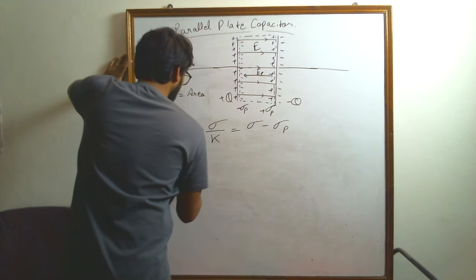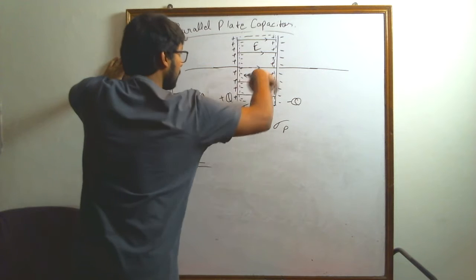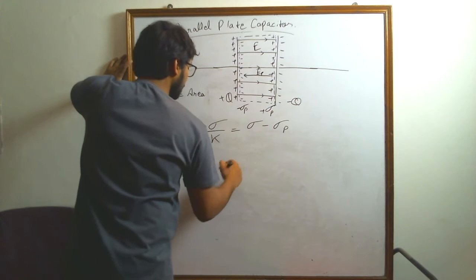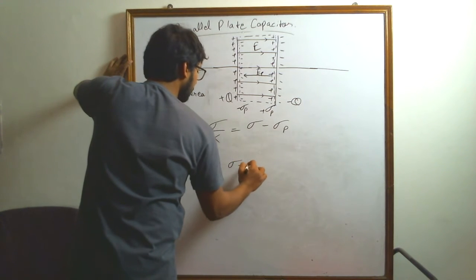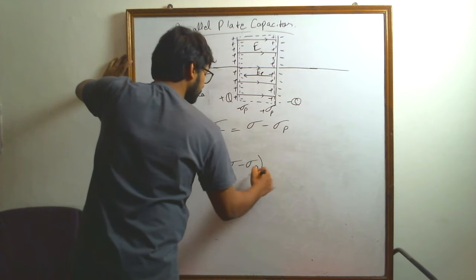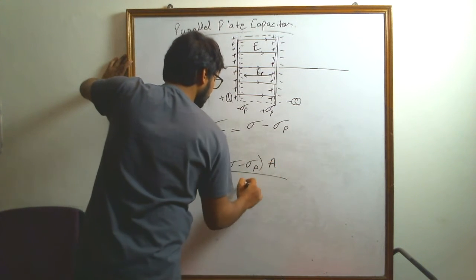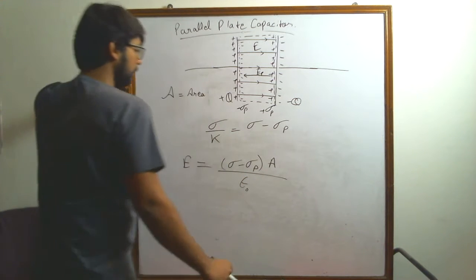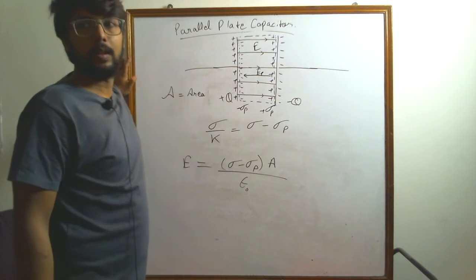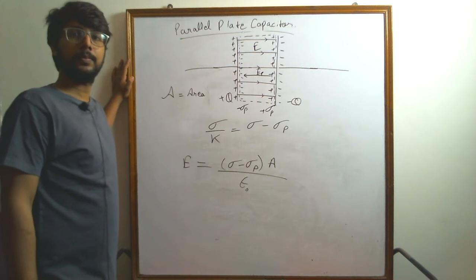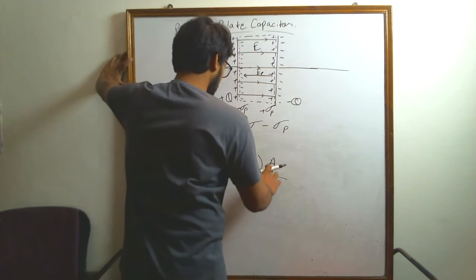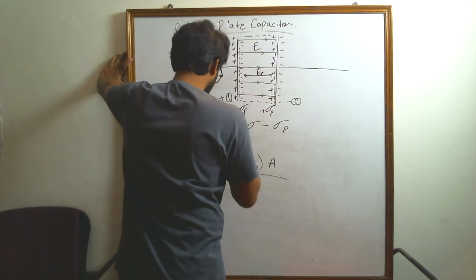So when I am trying to find the electric field, the total electric field now is essentially sigma minus sigma p into area into epsilon naught, right? Oh, did I write something wrong?